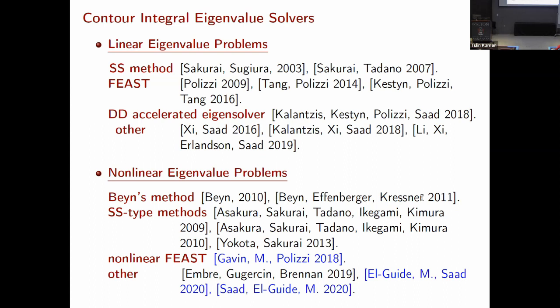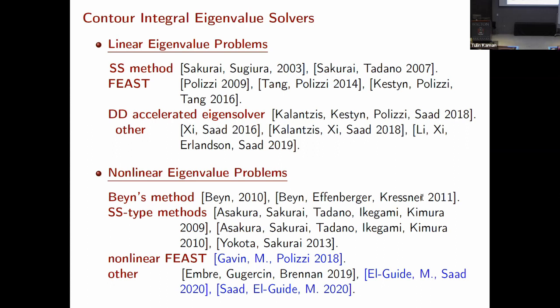There are also domain decomposition methods and accelerated eigensolvers coming from the group of Yousef Saad and others, with different ways of doing rational filtering combined with, for example, Lanczos or any other kind of subspace method. However, in the context of nonlinear eigenvalue problems, there are also different approaches using contour integral methods.